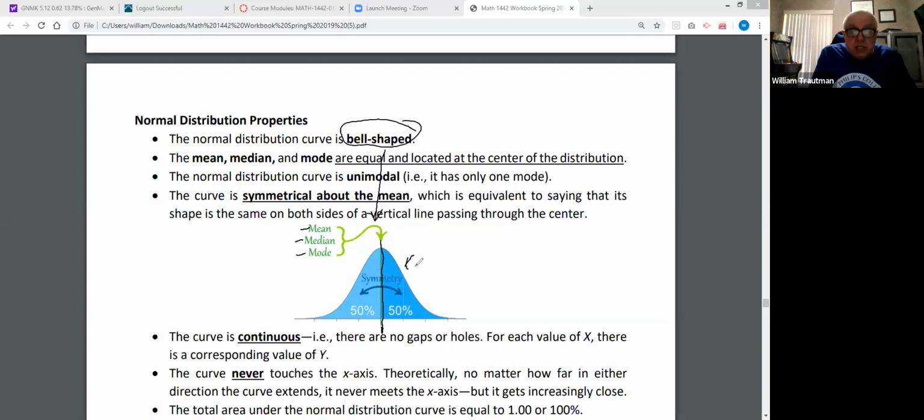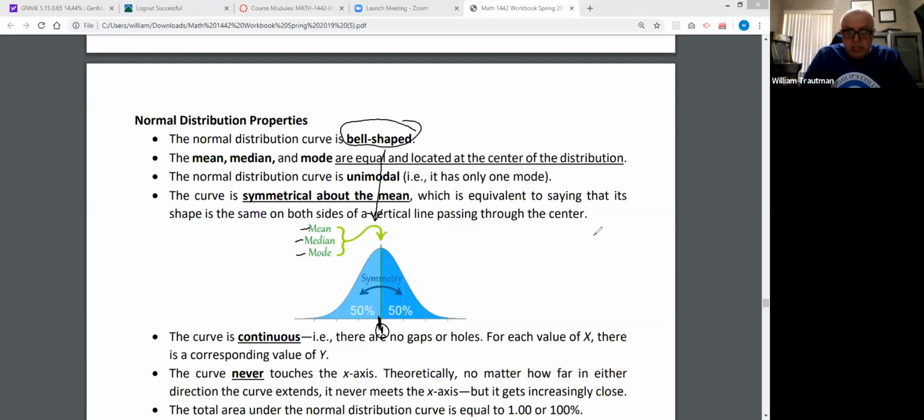Half of it is on the right side, and half of it is on the left side. So it's symmetrical, the same shapes on both sides if you break it down in the middle. The middle is, once again, the mean, median, and mode right there in the center.